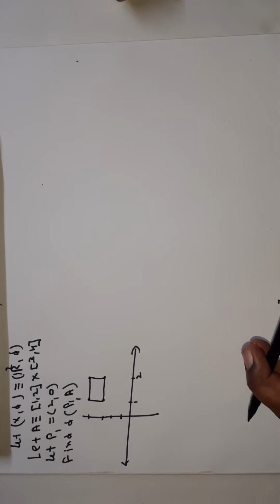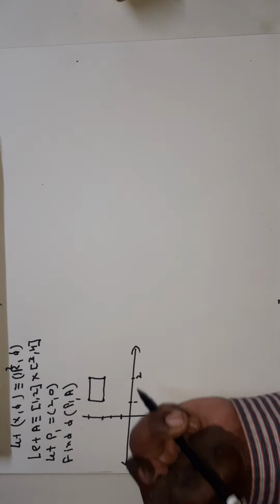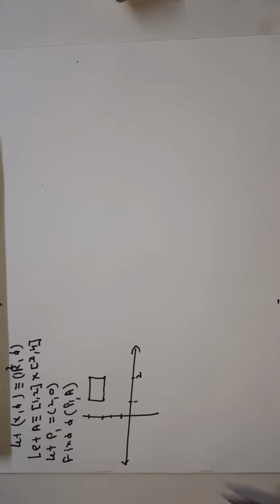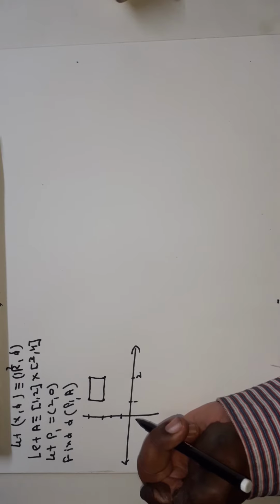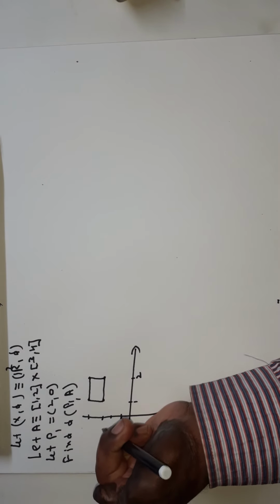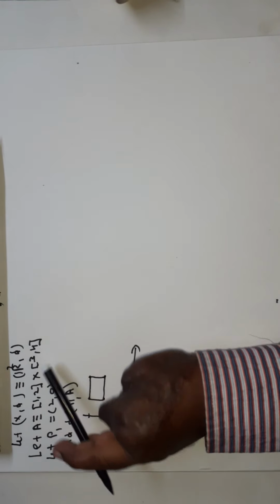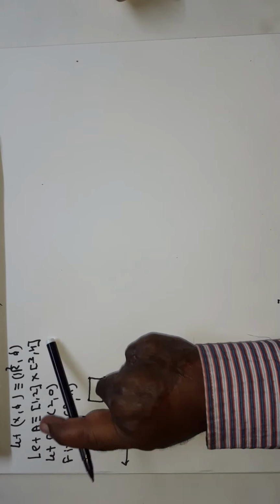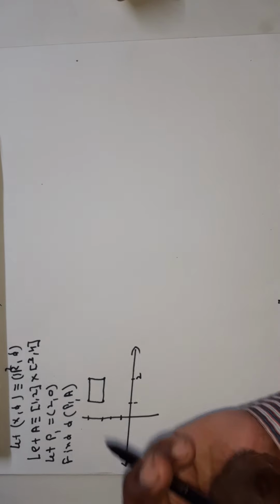A is the closed interval [1, 2] cross closed interval [3, 4], and P is (2, 0). Find the distance between the point P and A. Here our set A is the cross product of the two closed intervals [1, 2] and [3, 4], and we are finding the distance from the point (2, 0).